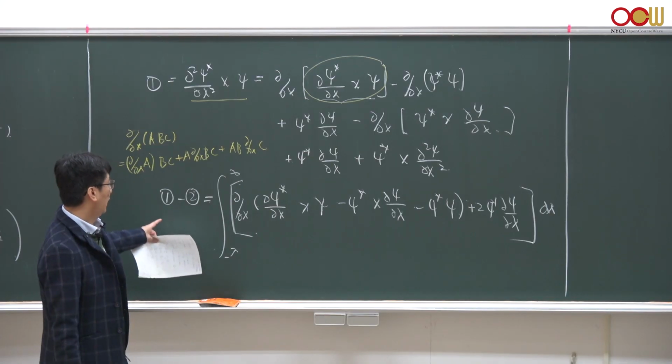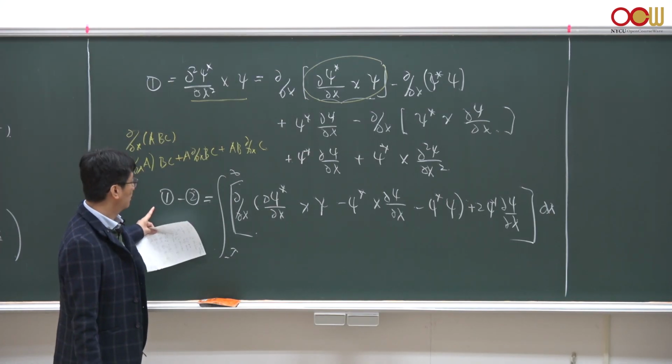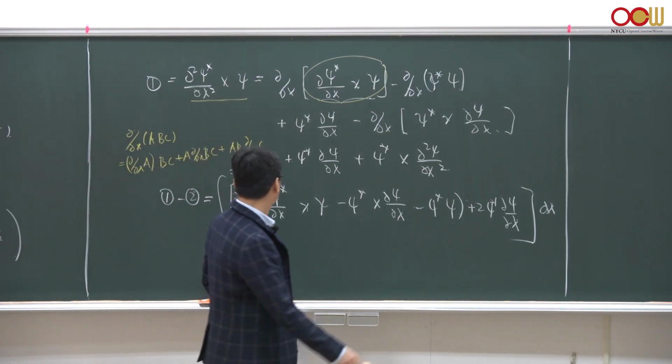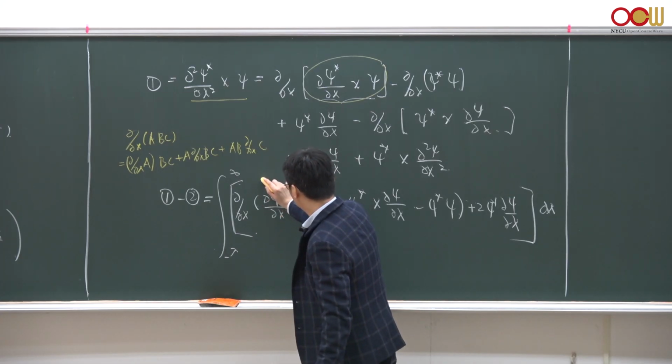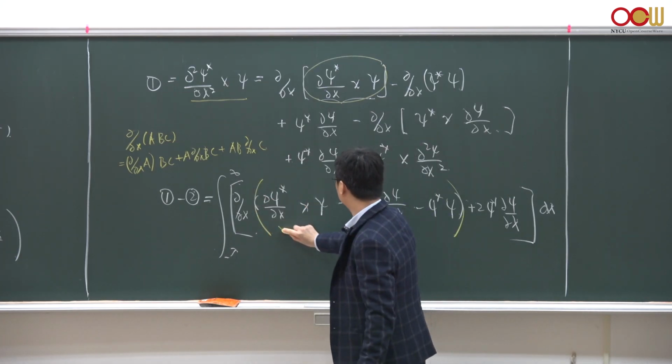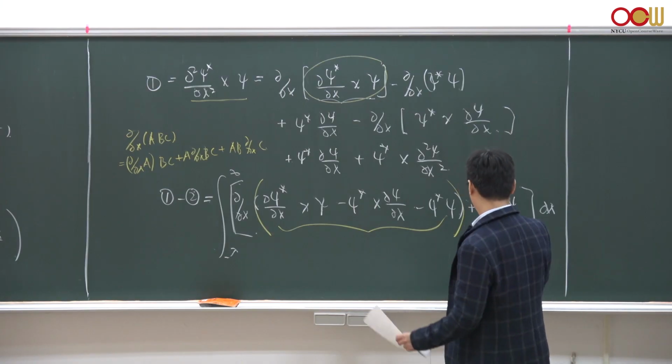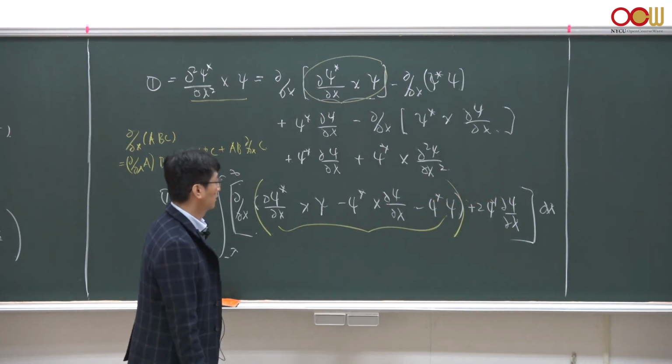And then you could subtract these two terms like this, and when you have done so, you get this stuff inside the bracket, and plus some extra terms on the right.